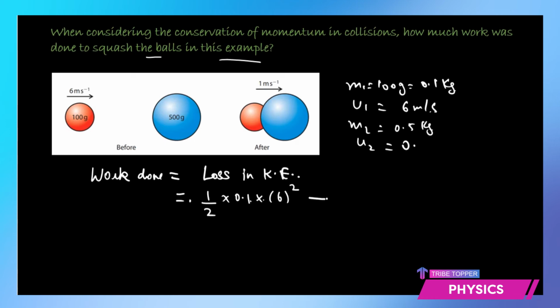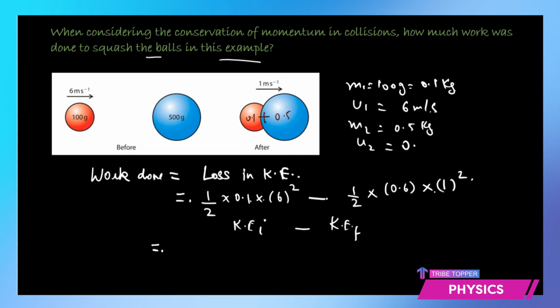Because it is a loss, I've taken kinetic energy initial minus kinetic energy final. So we have minus half times the mass, which is 0.1 plus 0.5, they are together, so it is going to be 0.6, into the combined velocity, which is 1 meter per second, so 1 squared.